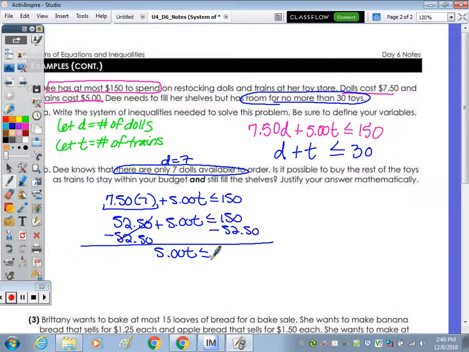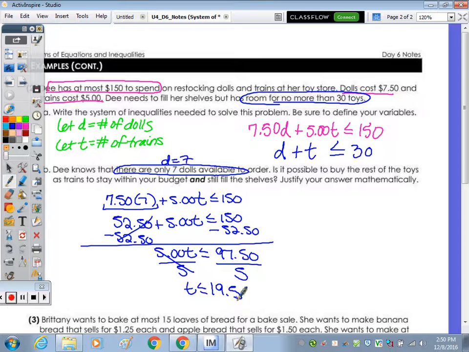Subtract, we get 97.50. Divide by 5. And T is less than or equal to 19.5. Well, T represents the number of trains, so it's really 19 and a half. Can you buy 19 and a half?